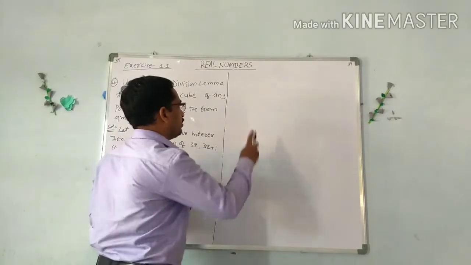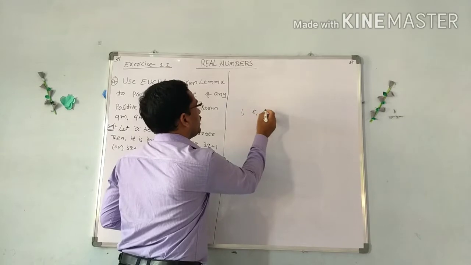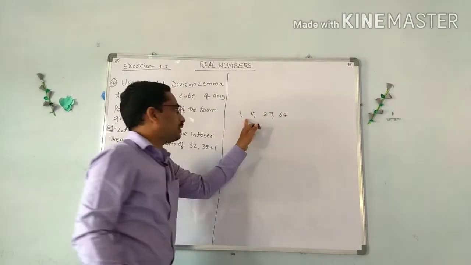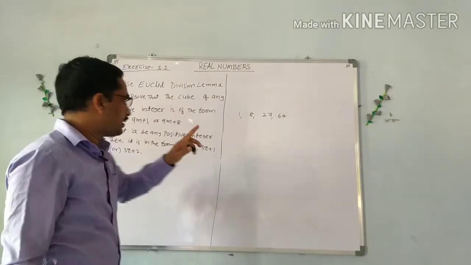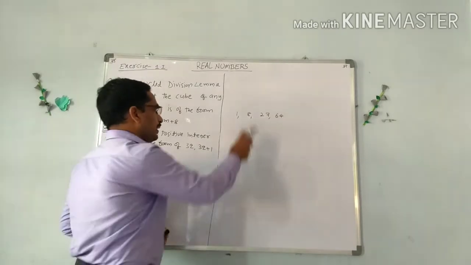See the cube numbers. The cube numbers are 1 cube 1, 2 cube 8, 3 cube 27, 4 cube 64. Means these cube numbers you can represent either in the form of 9m or 9m plus 1 or 9m plus 8.